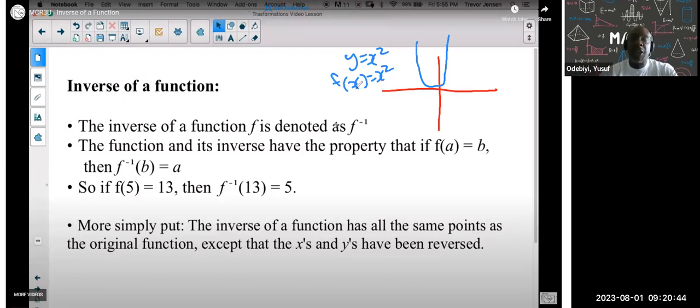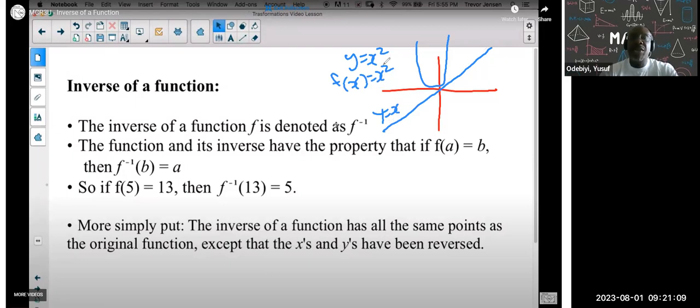So the inverse of this is basically, like what he was saying in the beginning, you're reflecting it about the line I just drew. That line is y equals x. It's a diagonal line.